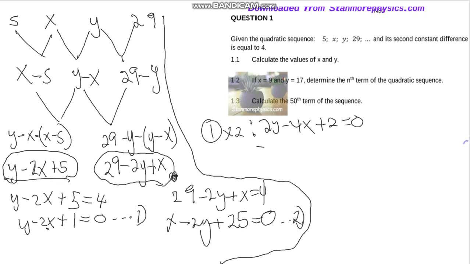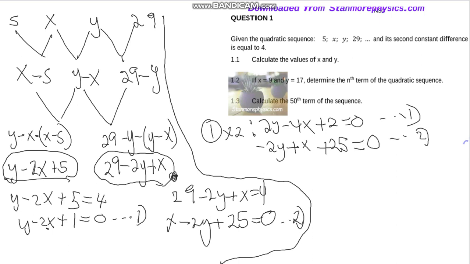This will be minus 2y, plus x, plus 25 is equal to 0. So you can just add equation 1 and equation 2.